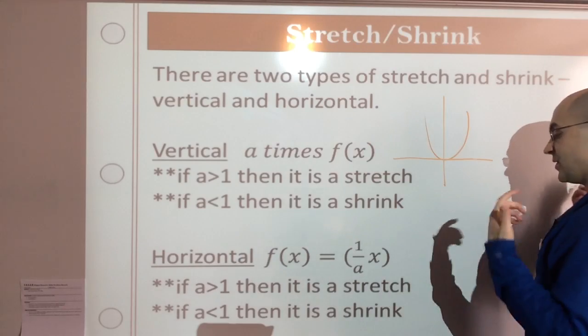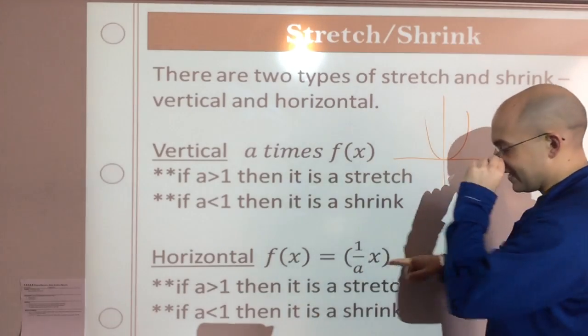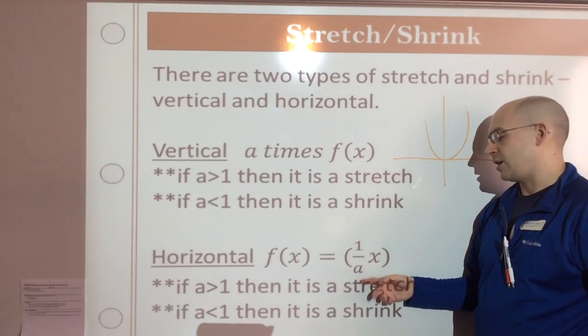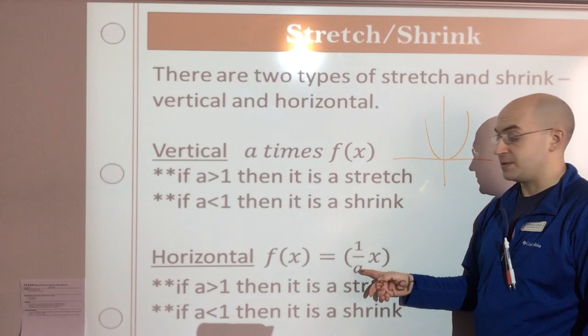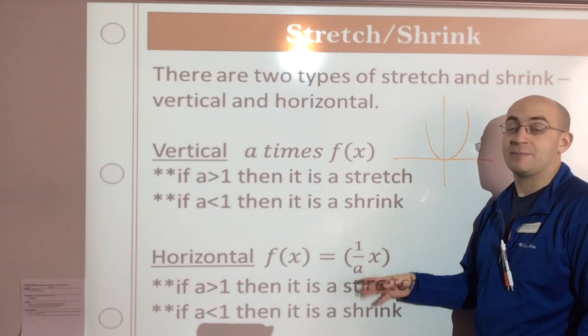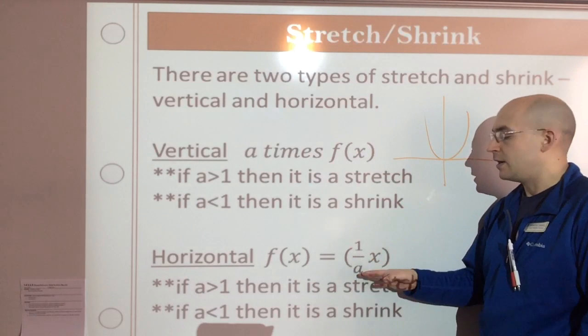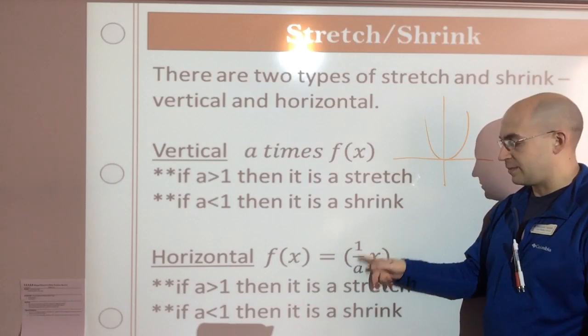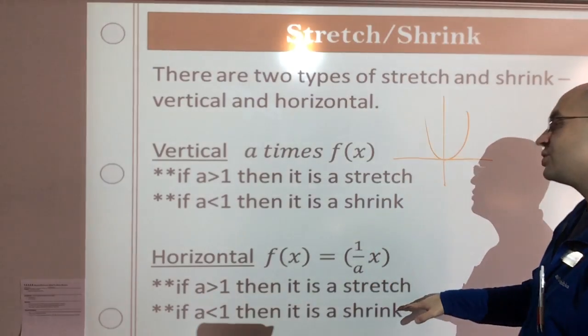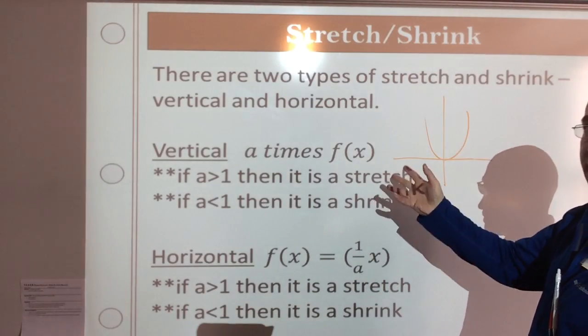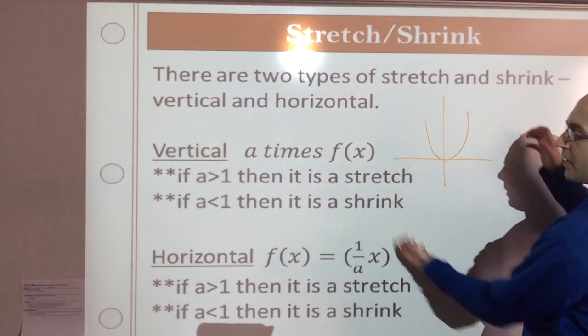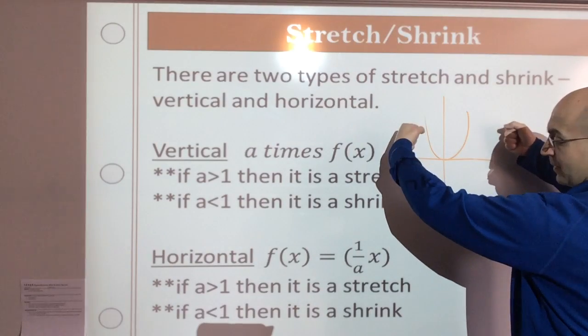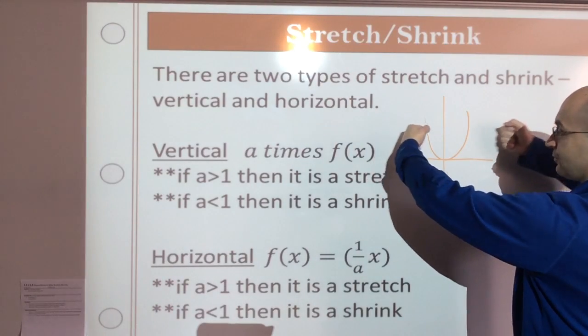Horizontal shrink, same principle, but a is less than 1. Now that's going to look weird here. You're saying, oh, well, how is it less than 1? Well, if this was 1 over 0.5, 0.5 is less than 1. So this is actually going to be 2, so it would get shrunk. I'm a math teacher. So horizontal, grab it by both ends here, shrink.